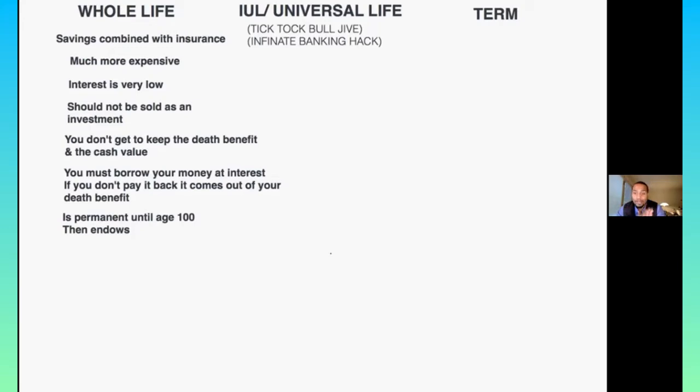Number one, IULs or universal life policies are funded with lots and lots of cash, right? Now you can pay, you know, 500, 600, 700 a month to fund it, or more. But most of the time, people fund these things with massive amounts of money a month, like 30, 40, 50, 60,000 a month, right?